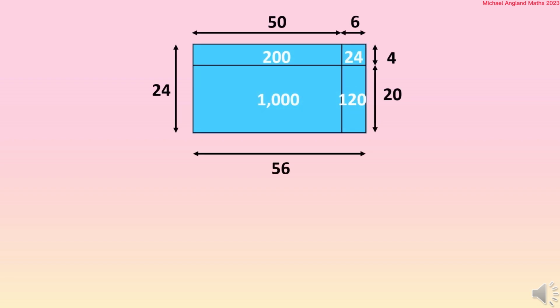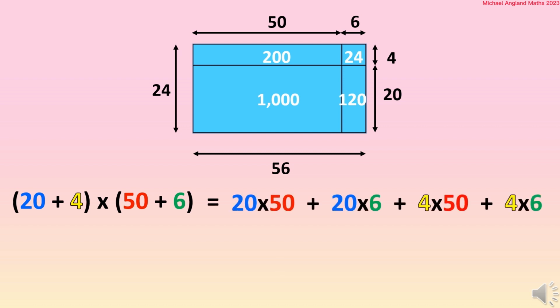Looking at this example the way we did the previous one, we have the form (20 plus 4) times (50 plus 6), which expands to 20 multiplied by the second bracket plus 4 multiplied by the second bracket, which gives us 20 times 50 plus 20 times 6 plus 4 times 50 plus 4 times 6.